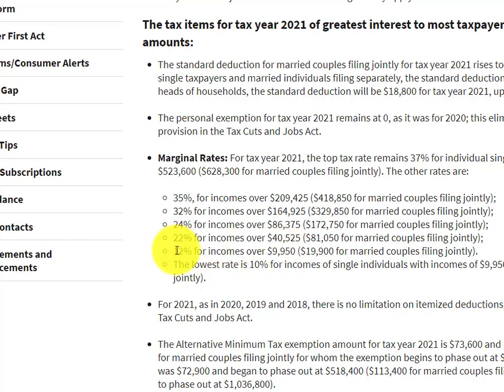So you break your income into sections, and the first $9,950 of your income, you pay 12% of that. And then you take the next $31,000, between $9,950 and $40,000, and you pay 10% for under $9,950, and 12% for $9,950 up to $40,000.